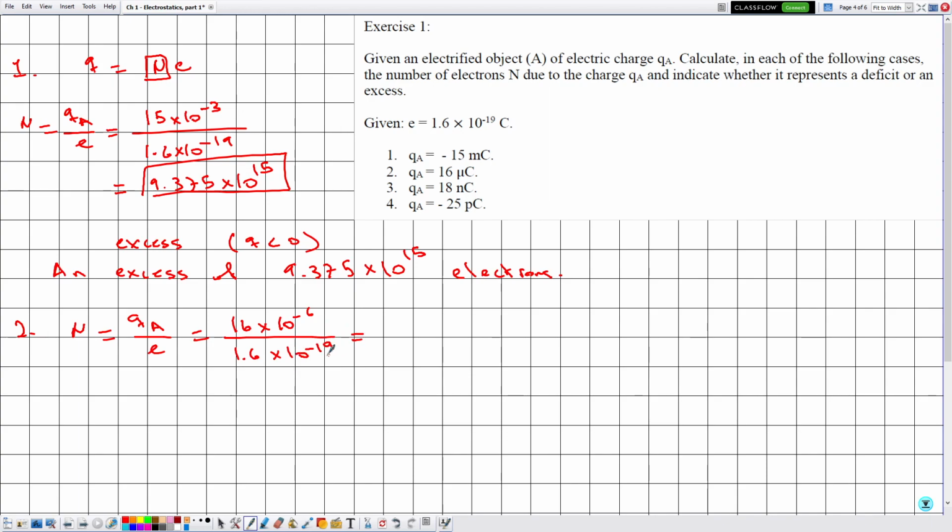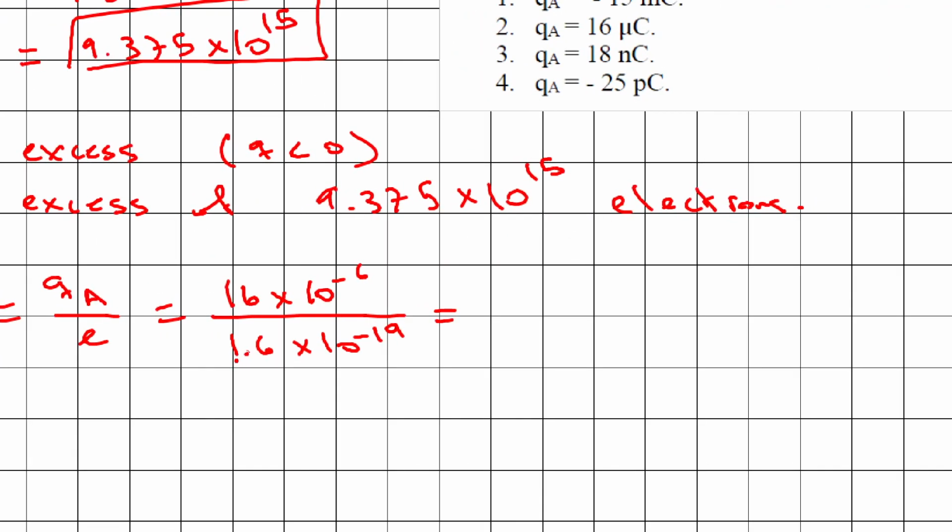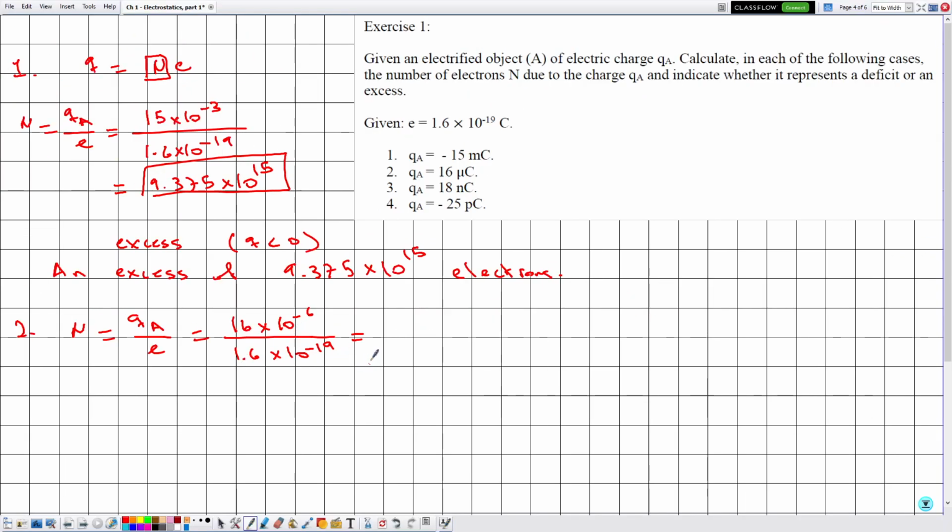Plugging this into the calculator, pay attention and respect the form. Don't put it as 16 times 10 to the power minus 6 divided by 1.6 times 10 to the power minus 19, as this would be missing a bracket. It's good to place brackets, or you can use the fraction mode. This gives us 1 times 10 to the power 14.